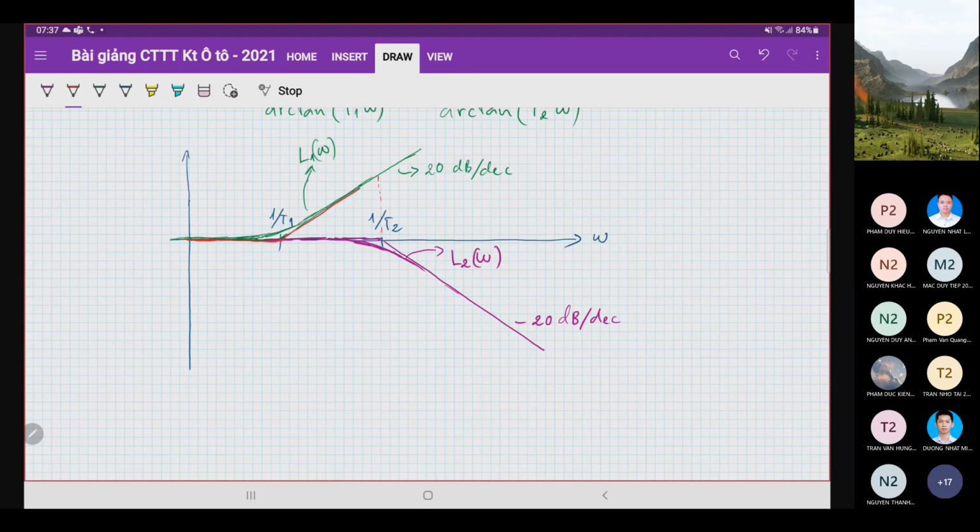But when it meets here, because we have plus 20 decibel per decade and minus 20 decibel per decade, that means here we will have a straight line again. Here is 20 dB per decade. Right. And it is the asymptote lines of the curve, and the exact curve will be like this.